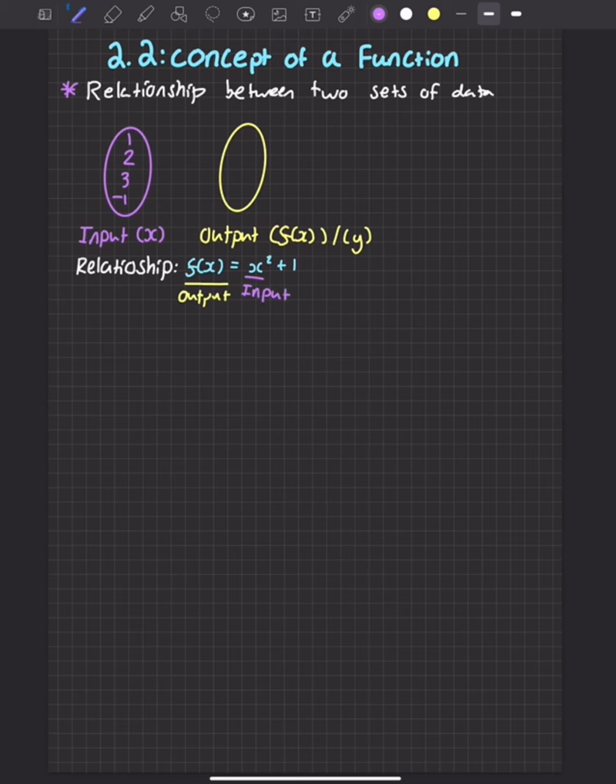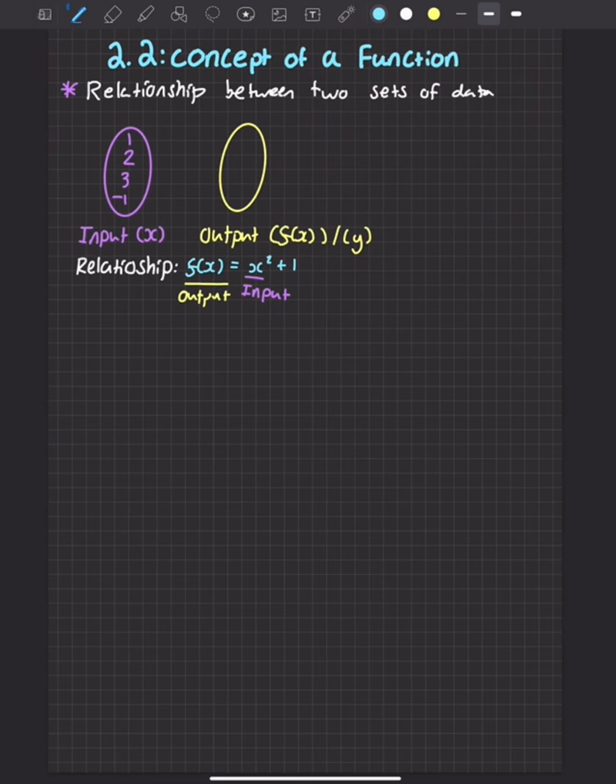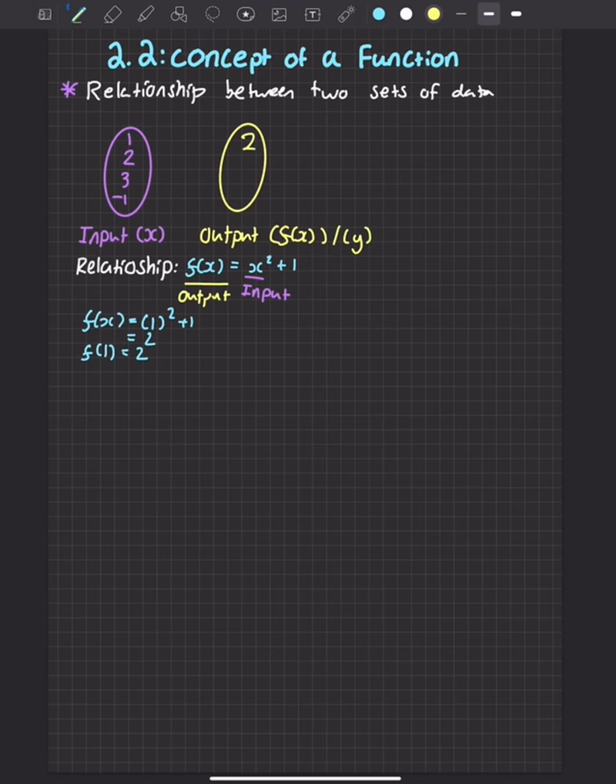And what does this mean exactly? Well, you know that your inputs for this set of data are 1, 2, 3, and minus 1. So let's put them into the function. First you have f of 1 equals 1 squared plus 1, which equals 2. So the function of 1 equals 2. So when your input is 1, your output is 2.